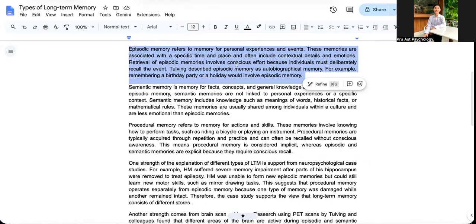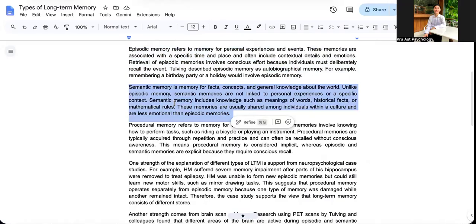If it doesn't, that's going to be non-declarative. Or either say explicit or implicit. Or if you don't mention those words, at least you need to say whether or not it requires conscious effort. And it can be talked about in terms of an autobiographical memory, so you can refer to this as well and provide an example.